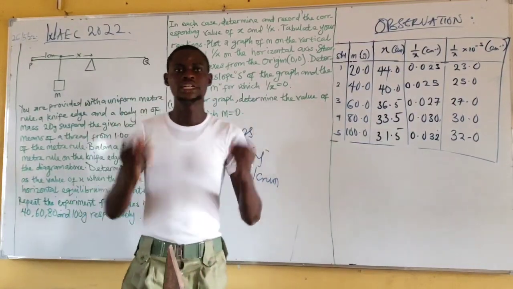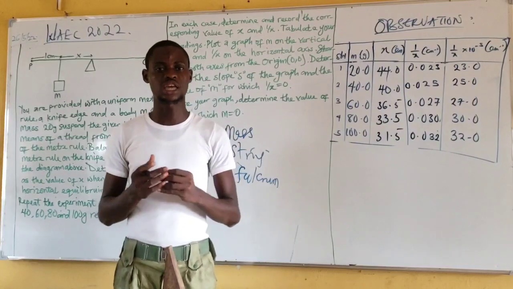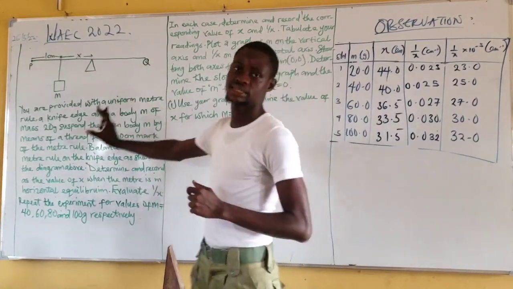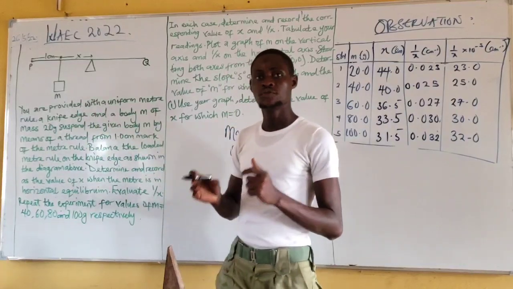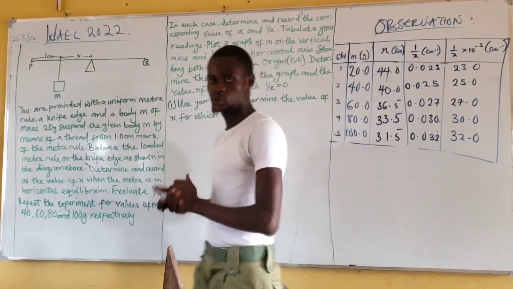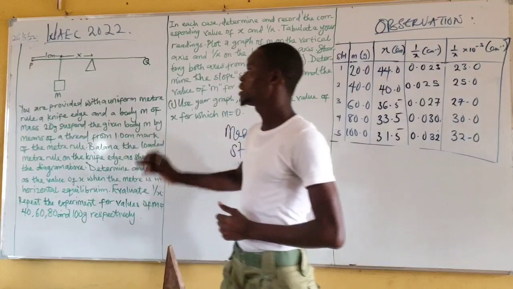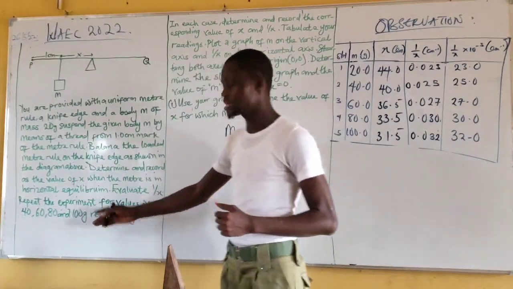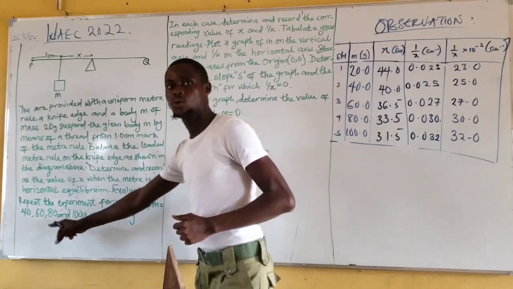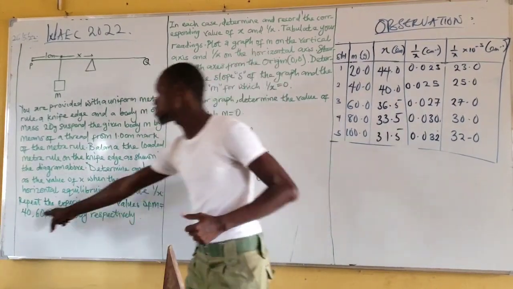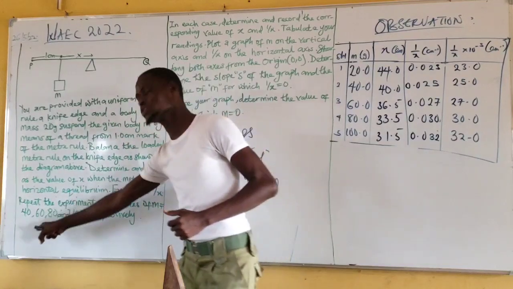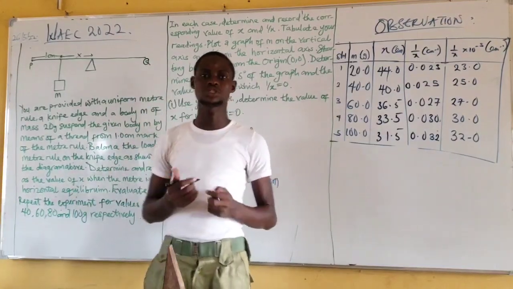The experiment for today is shown on the board, based on the real practical, gotten from your past questions. I formulated the readings shown here: it is the same experiment, but not the same values given in that year's past question.